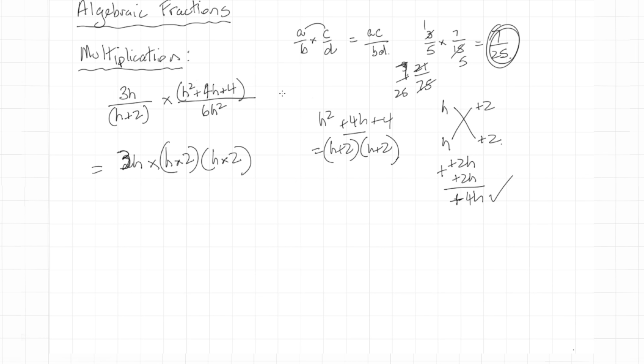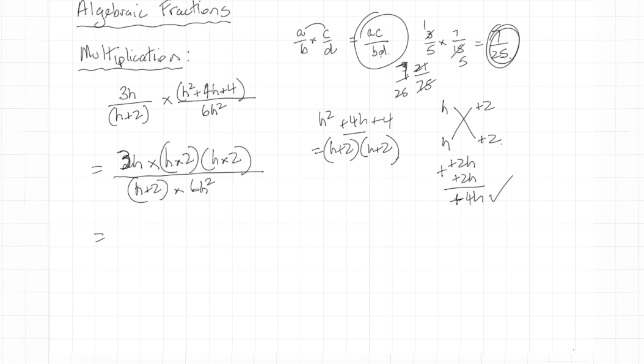So that is the numerator, so I'll factorize that, and then on the bottom we've got h plus 2 times 6h squared. So we've done our multiplication like up here, and now we're going to see if we can cancel down.